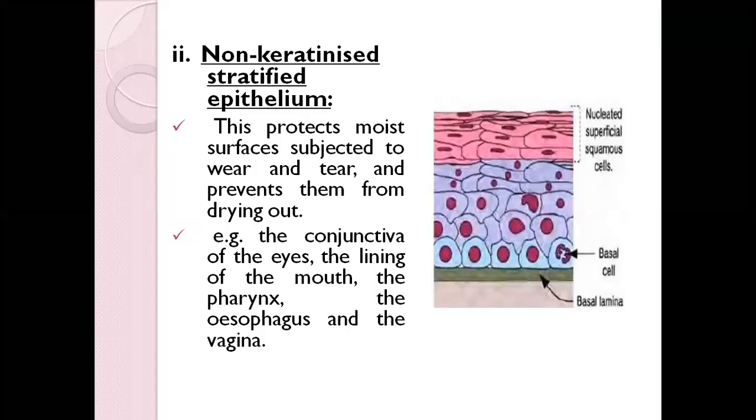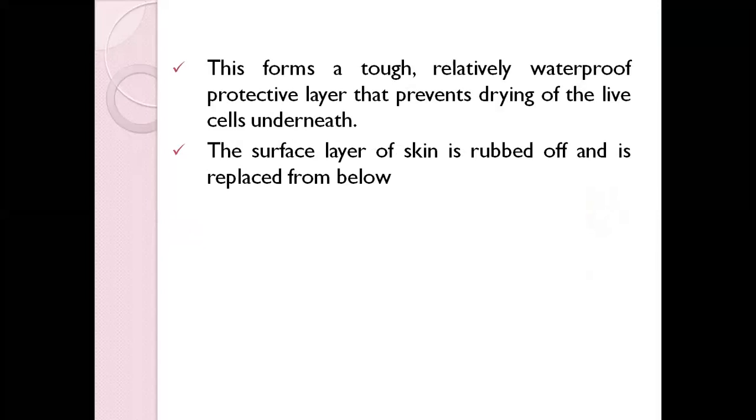Then the lining of the mouth, which is also always moist. Then the pharynx, which is part of your respiratory tract, and the esophagus and the vagina. These are the main differences between keratinized and non-keratinized.